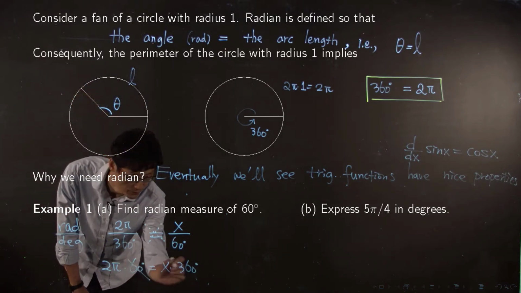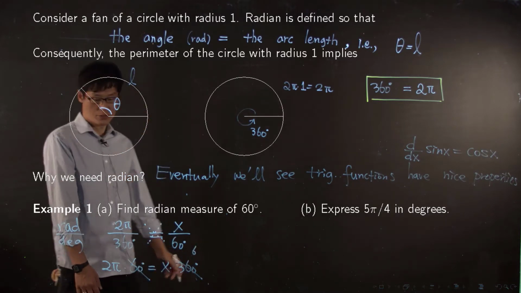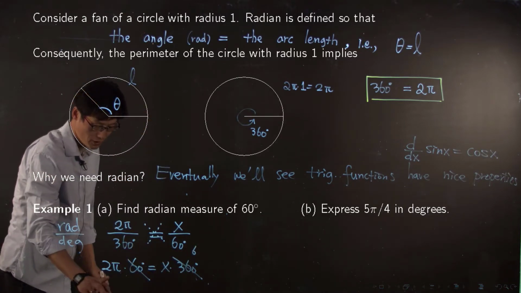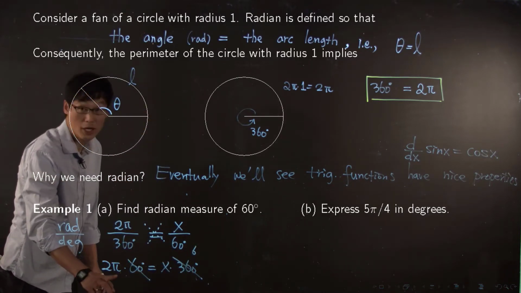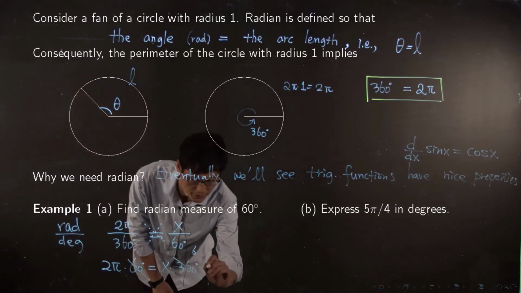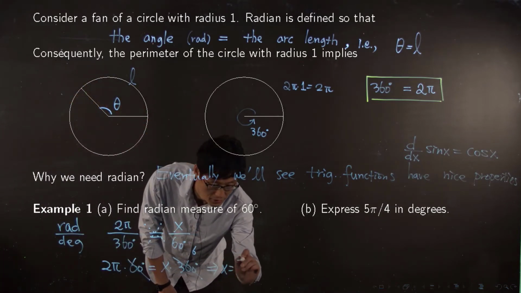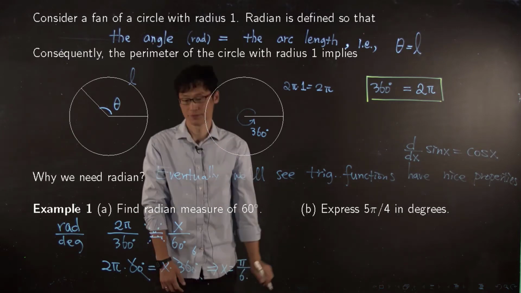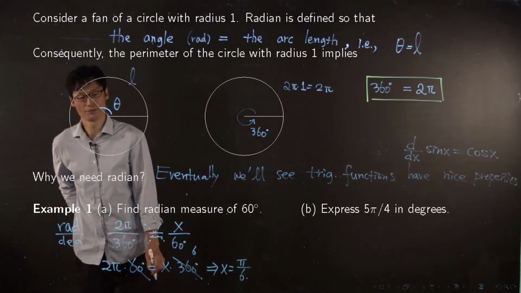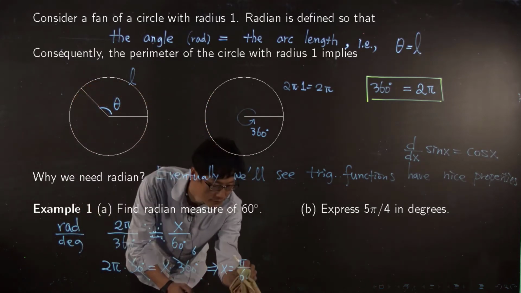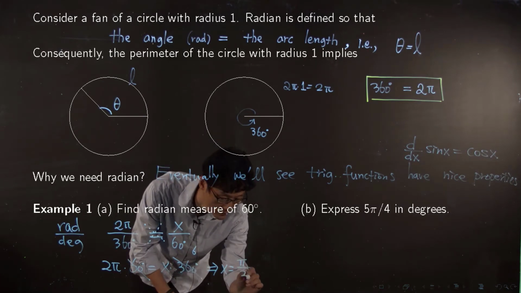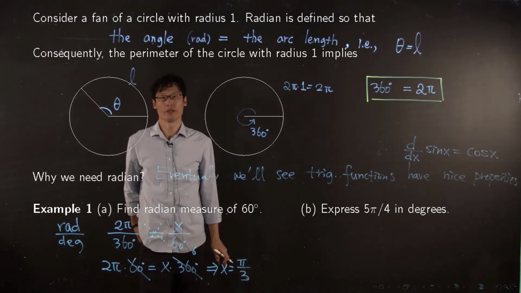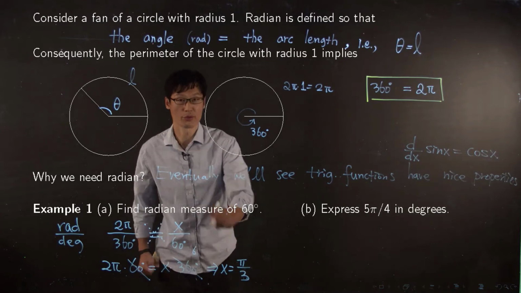So 6 times x is 2 pi, or x is pi over 3. Okay, so 60 degrees corresponds to pi over 3.